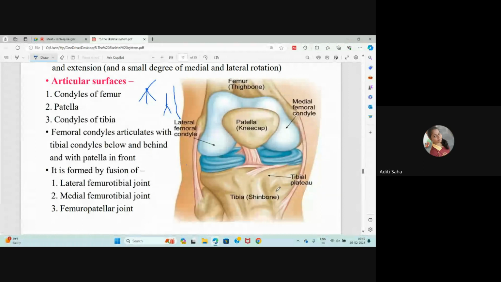So I was asking, let's assume that this is the knee joint of a person and this is the right leg knee joint. Please tell me which side is medial and which side is lateral in this knee joint.